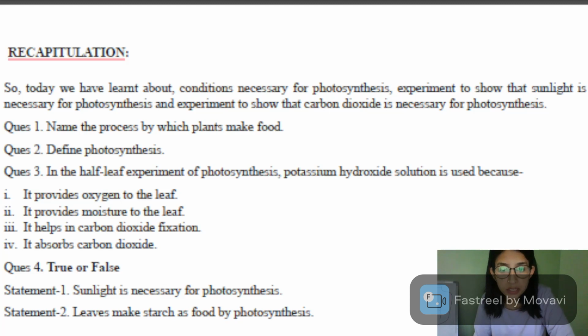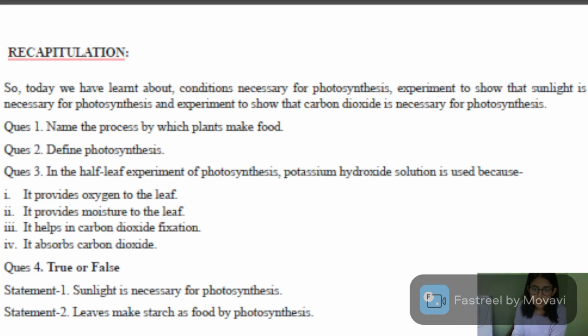Now you will be defining this process. The first answer was pretty easy, so you will be defining the process of photosynthesis. I'll give you 20 seconds to do that. We have seen how photosynthesis happens in plants and what are the important factors that are required for the process of photosynthesis.